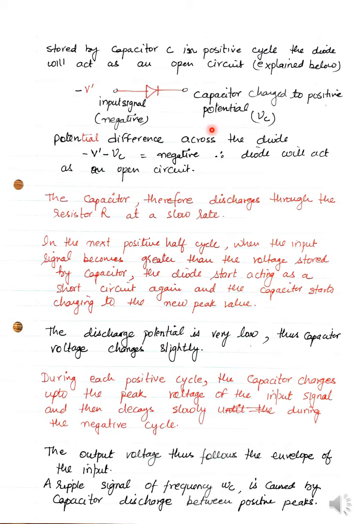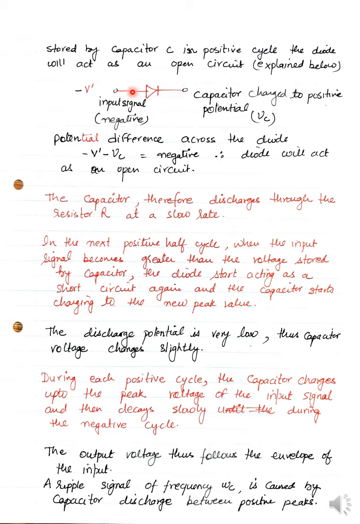The capacitor is also responsible for making it open circuit, because when the capacitor charges to a potential Vc, the capacitor is on this side and now the negative half potential is coming on this side. So this point is charged to a positive value.